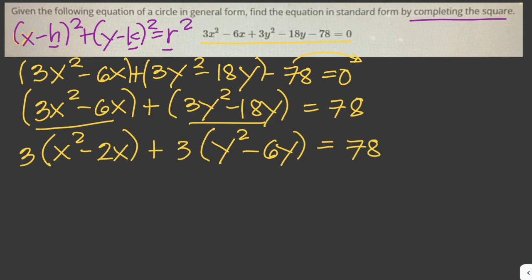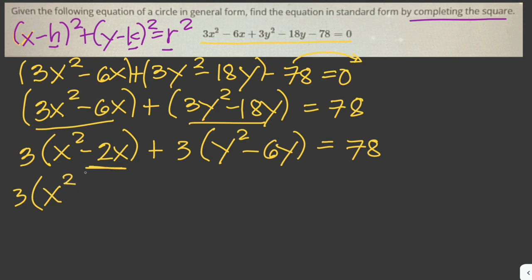And now we can complete the square. To complete the square, we just have to add the square of half of the coefficient of the middle term. So the middle term here is negative 2x and its coefficient is negative 2.